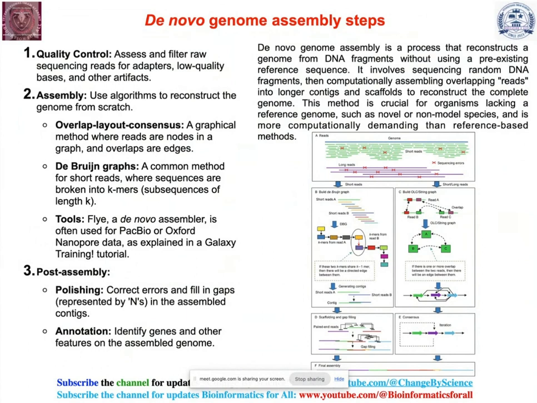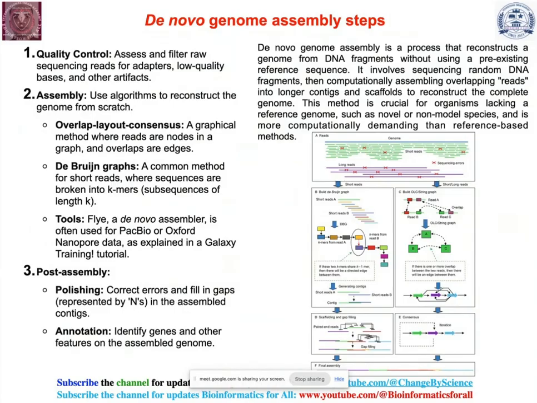This is very clear about the basic definition of de novo genome assembly. But the steps you need to understand are mainly three: first quality check, then assembly, then post-assembly. In quality check, you assess and filter the raw sequencing reads for adapters, low quality bases, and other artifacts. In assembly, you use algorithms to reconstruct the genome from scratch. For that, you have some further sub-steps: overlap, layout, consensus, de Bruijn graphs, and then the tools.